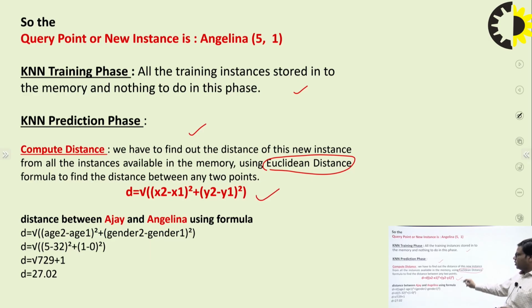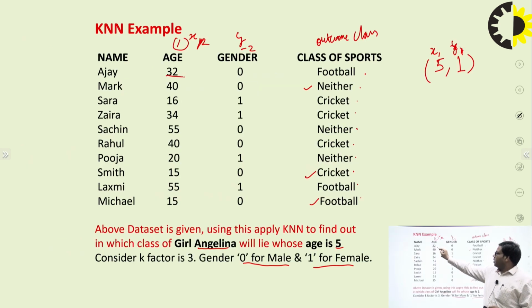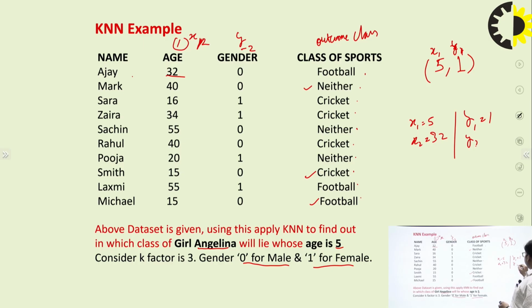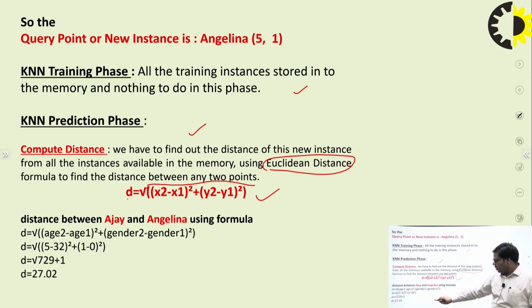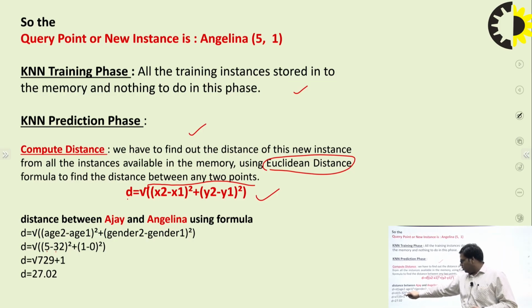The formula is: the distance d is the square root of (x2 minus x1) squared plus (y2 minus y1) squared. Here x1 is 5 and x2, in the case of Ajay, is 32, and y1 is equal to 1 and y2 is equal to 0. Supplying the values, we get the square root of (5 minus 32) squared plus (1 minus 0) squared.